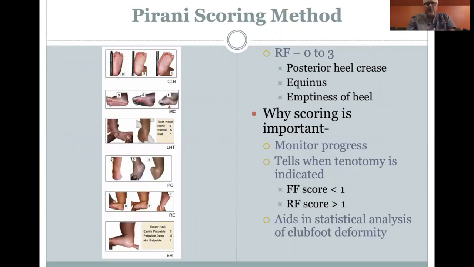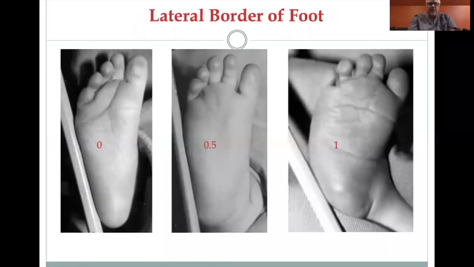And the rear foot's also 0 to 3. It helps you monitor progress, number 1. Number 2, it tells you when a tenotomy is indicated. Again, that's when the forefoot score is less than 1. That means you've corrected all the forefoot deformities, but there's still a residual rear foot deformity, and that's the equinus part that needs to be corrected. Additionally, the Pirani scoring method is used for statistical analysis of clubfoot correction.